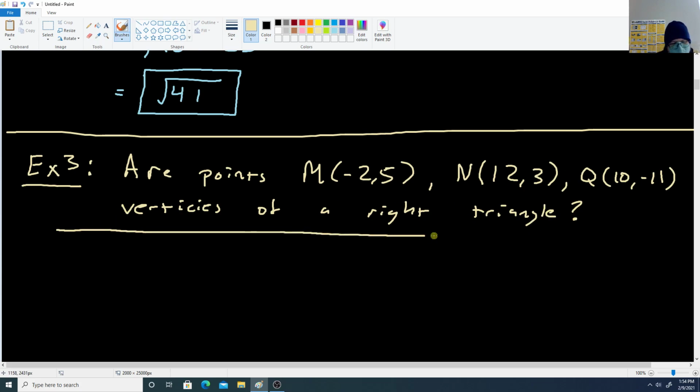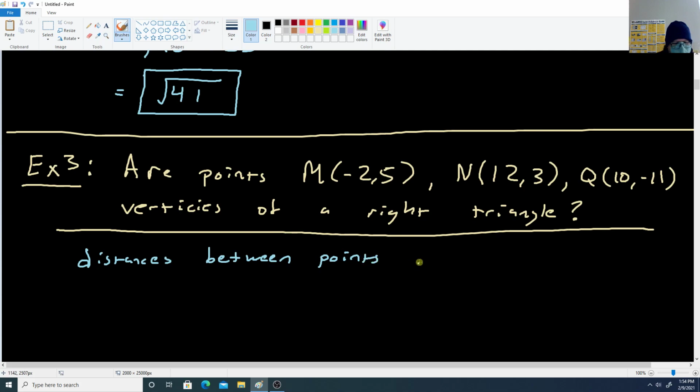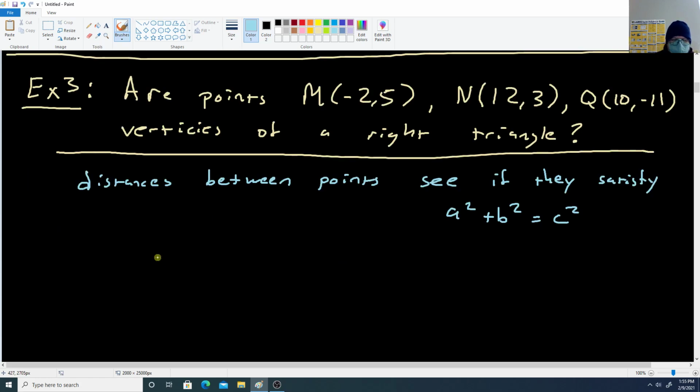So how we figure this out is we're going to find the distances between the points and then see if they satisfy the equation a squared plus b squared equals c squared. So I basically need to use the distance formula 3 times.